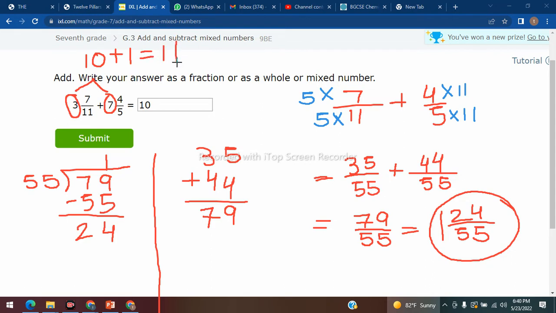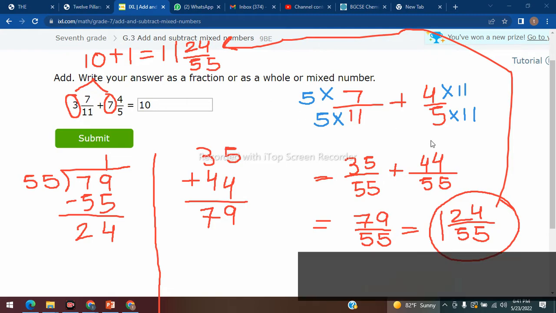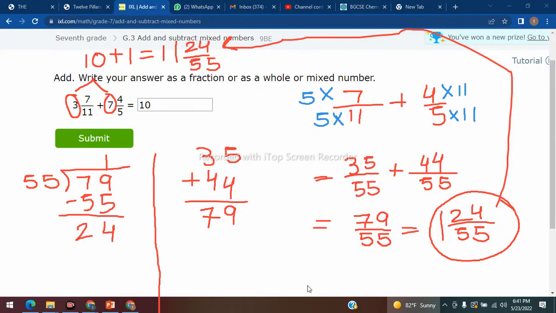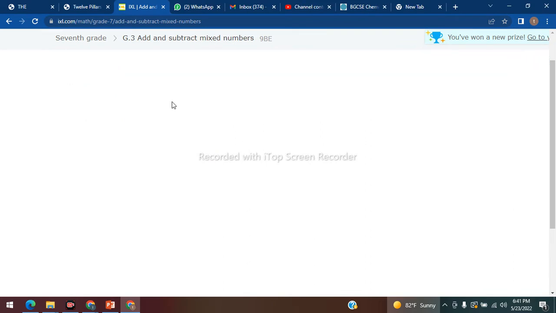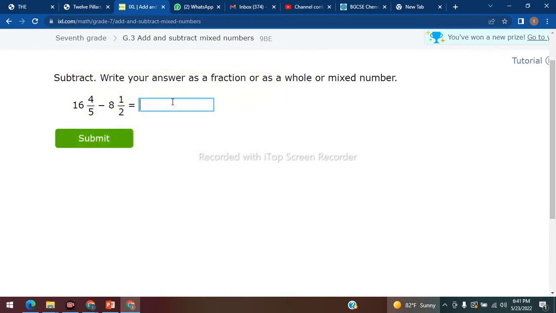And remember the 24 over 55, so it's going to be 11 and 24 over 55.